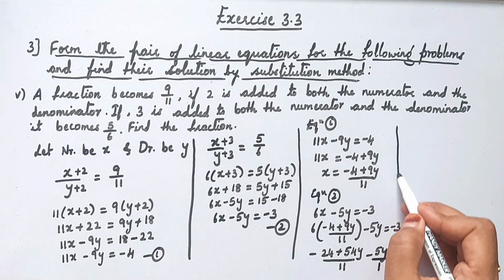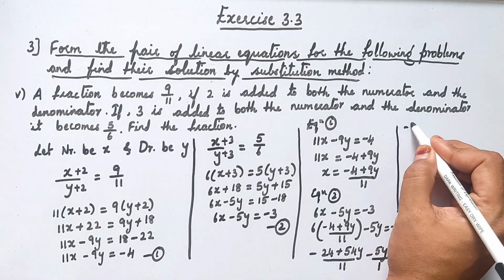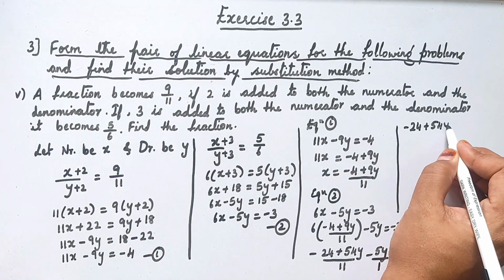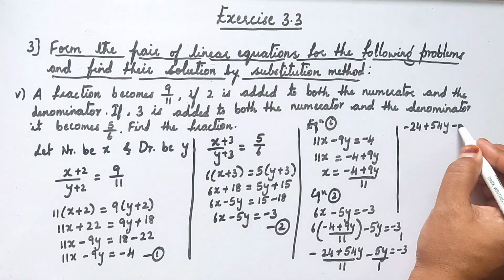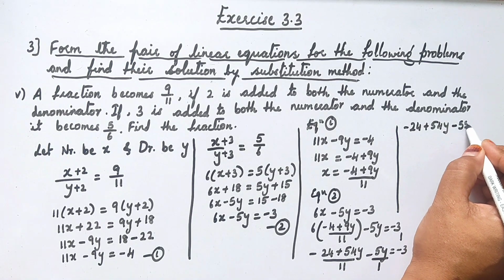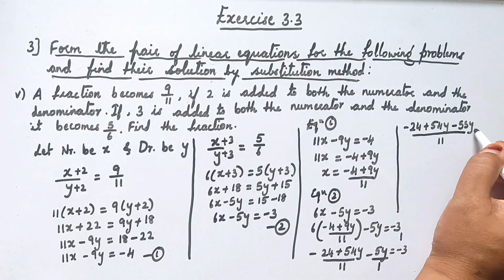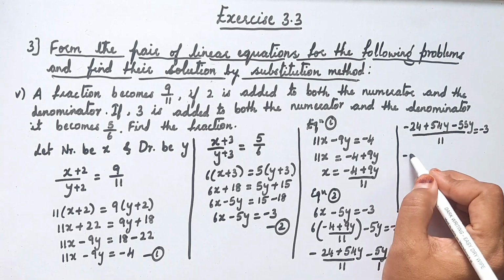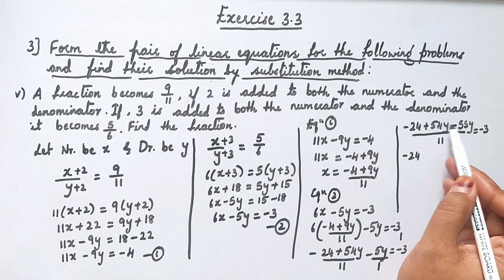Okay. Now cross multiply. This will be minus 24 plus 54y. Okay, I'm going to multiply this. Minus 5 11s are 55y. Whole divided by 11 equal to minus 3. Okay. Now this is minus 24. See, when you subtract these two, we have got different signs.